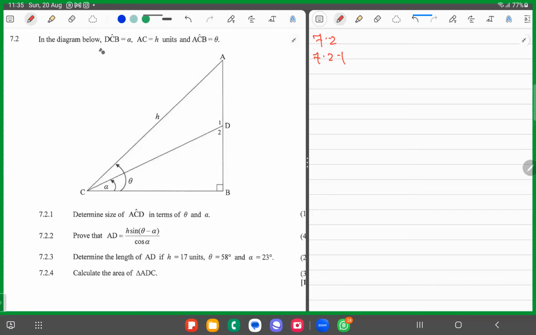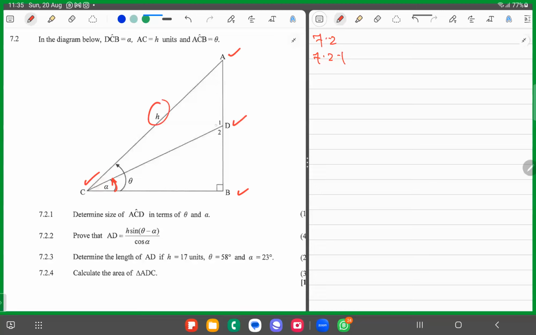In the diagram below, you have the following. The angle DCB, so there is D, C, and B, is alpha. AC is h. So here is A, and this is h.